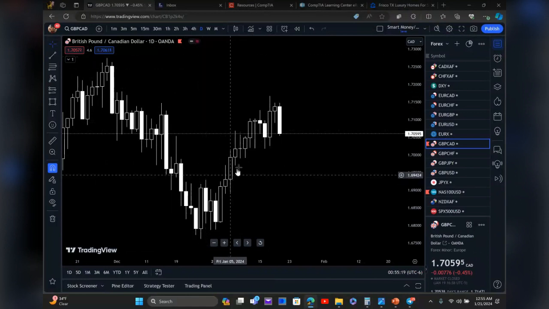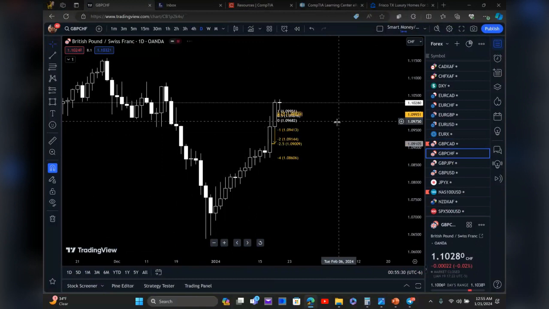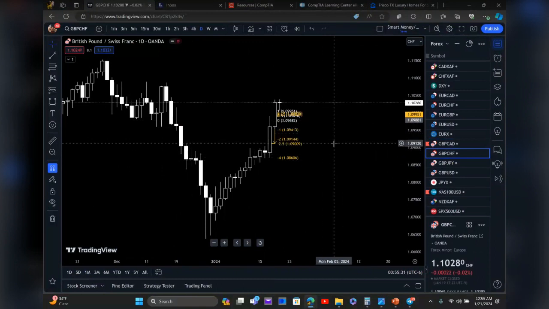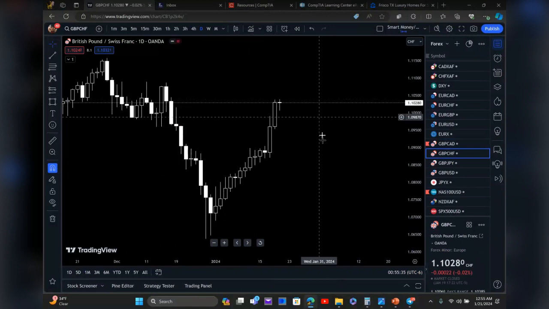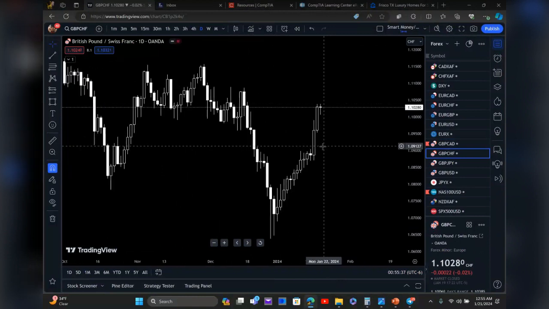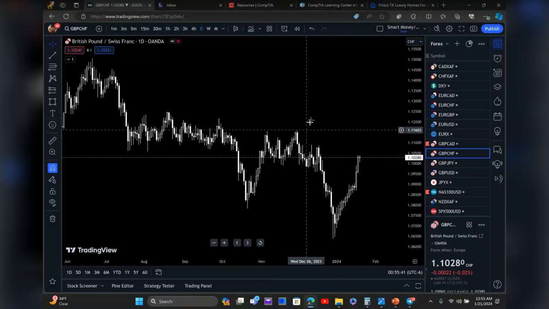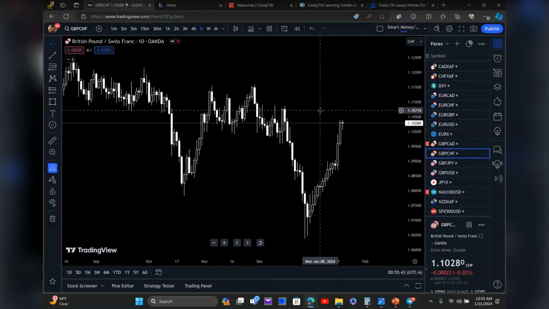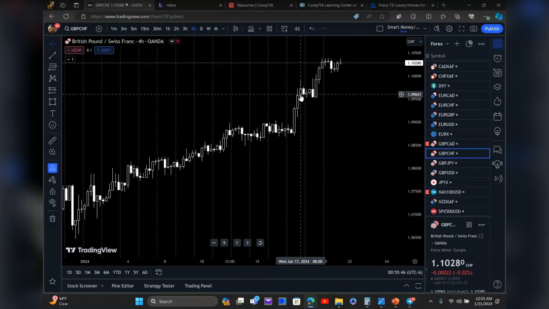Okay. And that's what I like to look for. Sometimes it may be a bit harder to spot than other times. Okay. So I just go back and forth, back and forth. I may go down to the 4 hour and see what I can find.